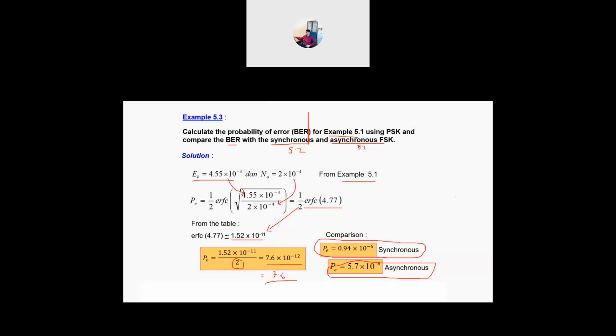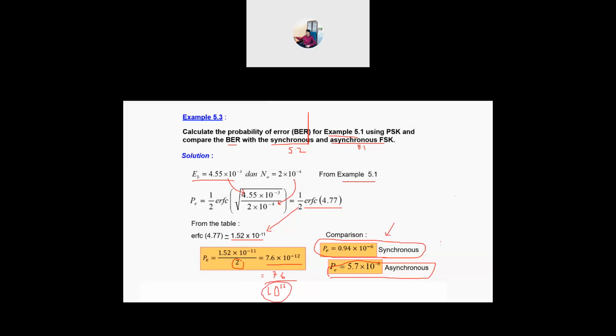If we round, we have 8 error bits, 8 bits over 10 times 10 to the power of 12 bits. So you only see 8-bit errors, around 7.8 over 10 to the power of 12 bits, compared to synchronous and asynchronous FSK.